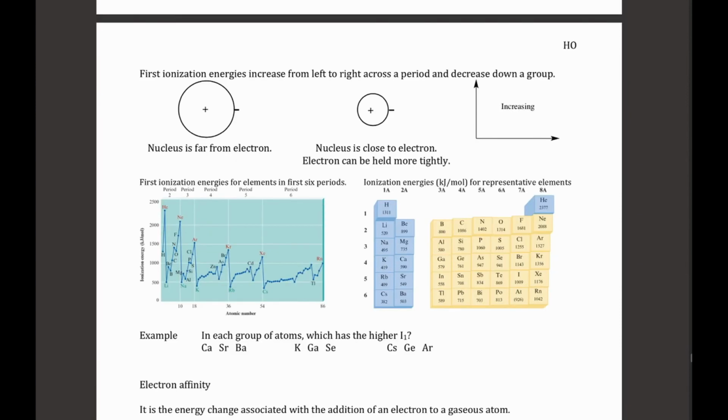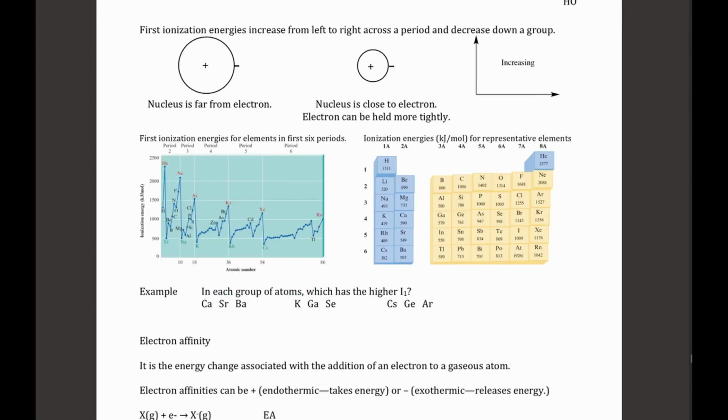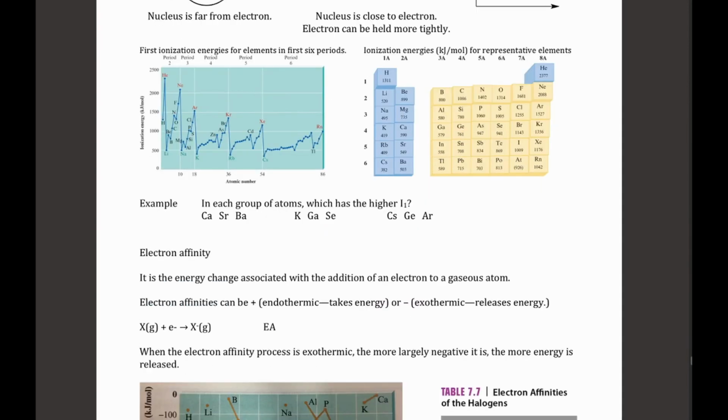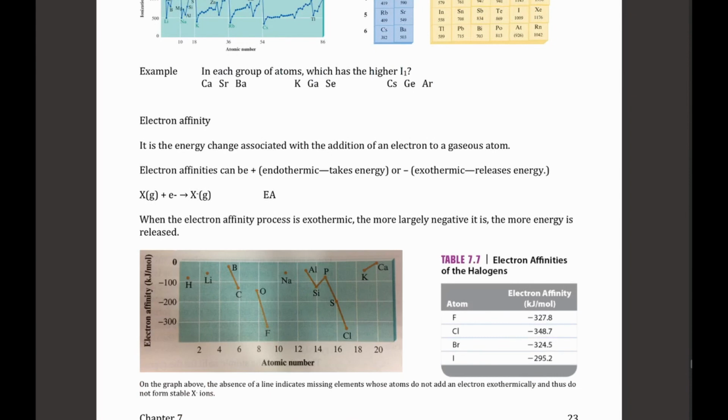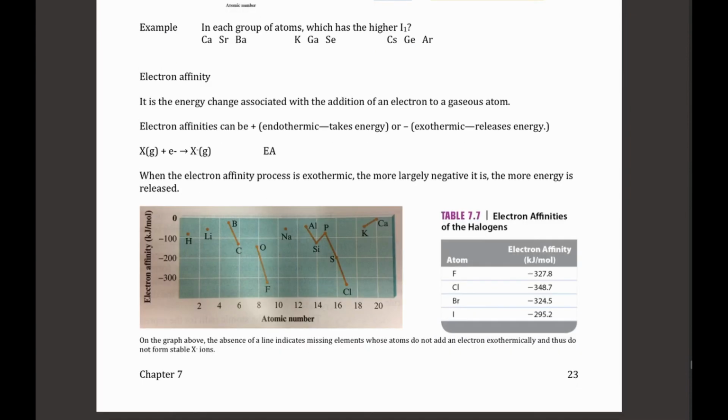So use those values if you need to for calculations. Okay, so then we have that example problem to look at in each group of atoms which has the higher E sub 1. So base that on trends, that trend we talked about. Electron affinity, it is the energy change associated with the addition of an electron to a gaseous atom.